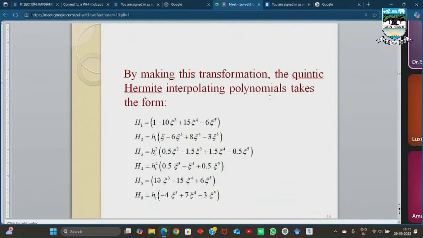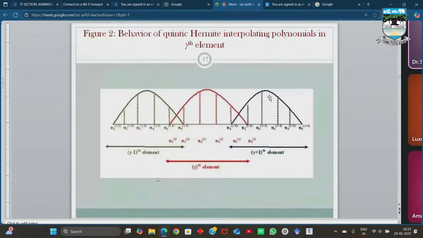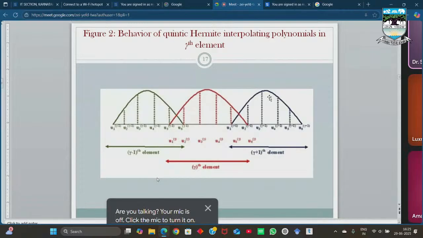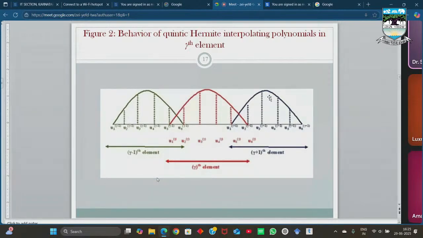To implement these Hermite splines over the domain, we have this type of structure. So this will help us to assume that the functions are continuous at the node points. So there is no need to assume another or additional condition that the function is continuous at the node points, as these Hermite splines have inbuilt continuity.